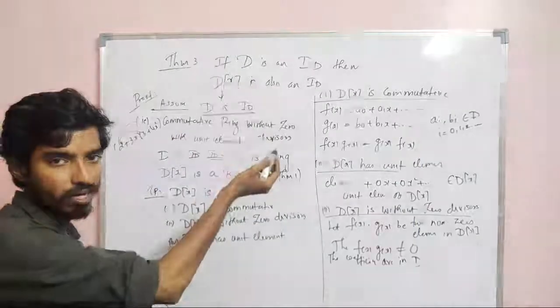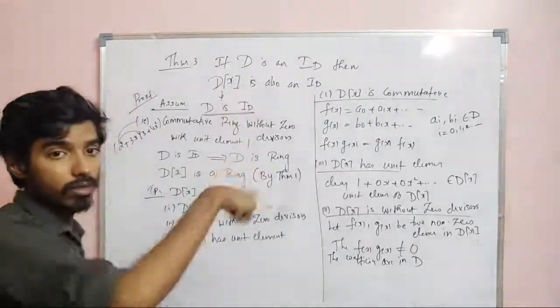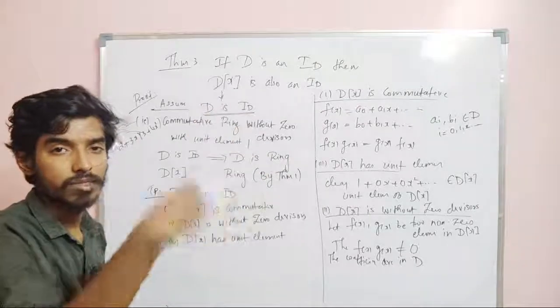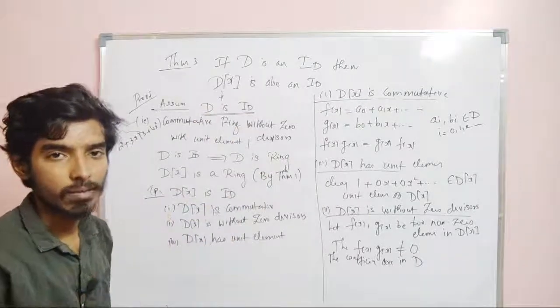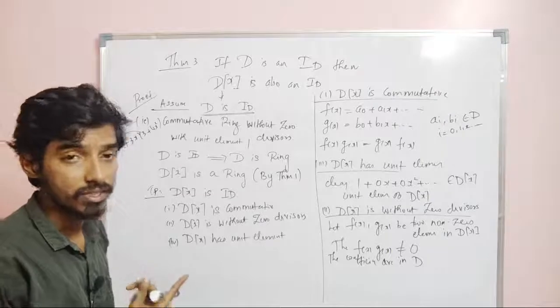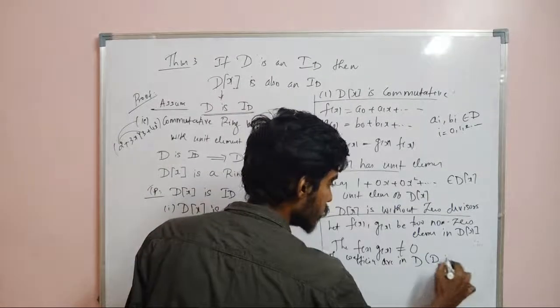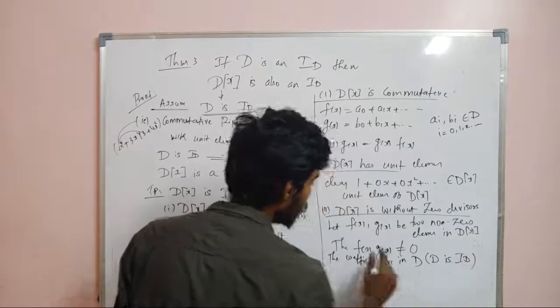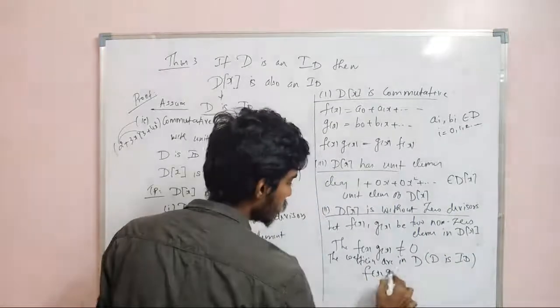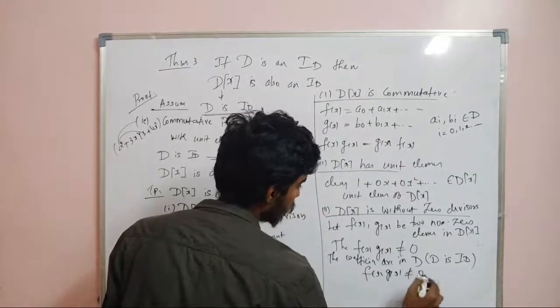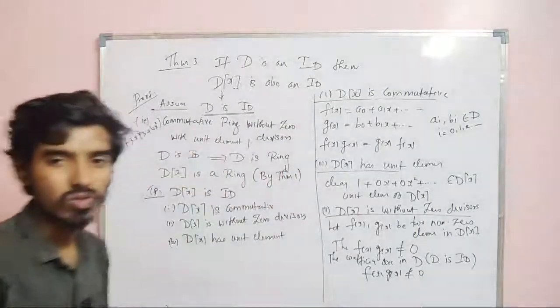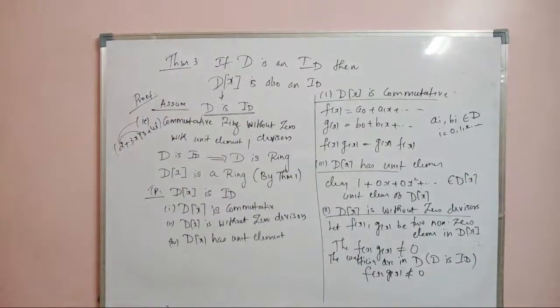Therefore, multiplying two non-zero coefficients can never give 0, so f of x into g of x can never be equal to 0. That means it has no zero divisors.